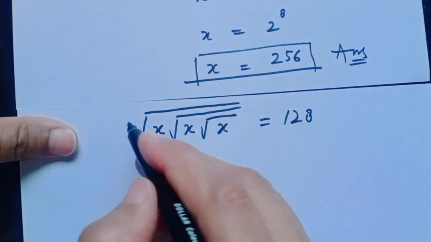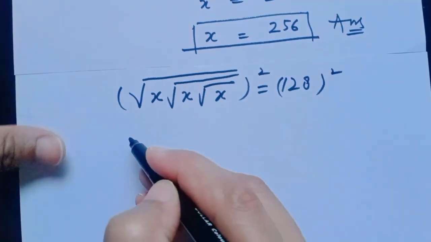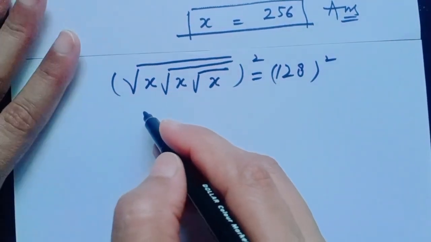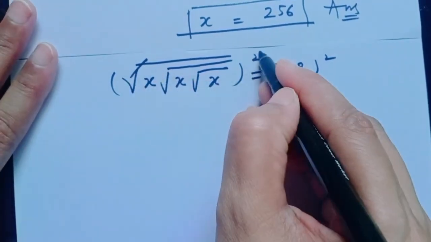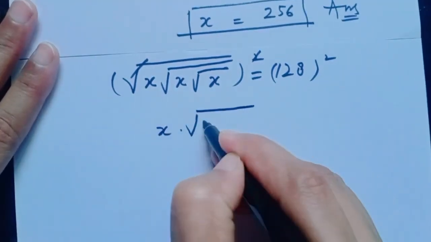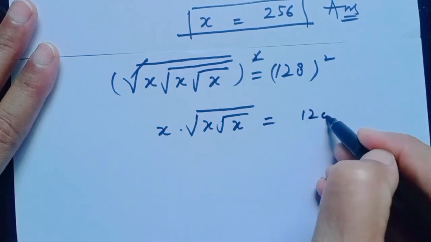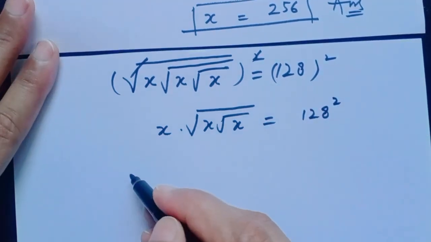To remove the first square root, we will take the square on both sides. The first square root goes with the square, and we are left with x times square root x and square root x is equal to 128 power 2.